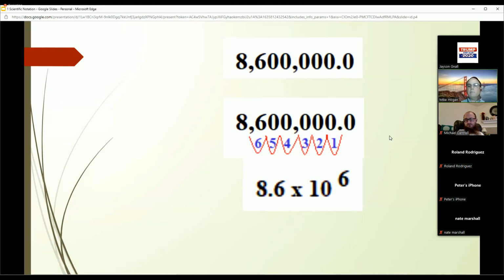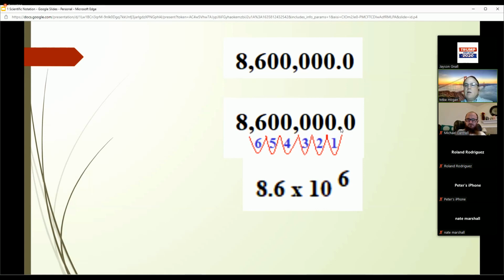And so for a large number, 8,600,000, I'm going to move my decimal. I'm going to see how many times I have to move it to get it to 8.6, right? That's what I really want, a whole number on the left side of the decimal. So I'm going to get it all the way to this point.